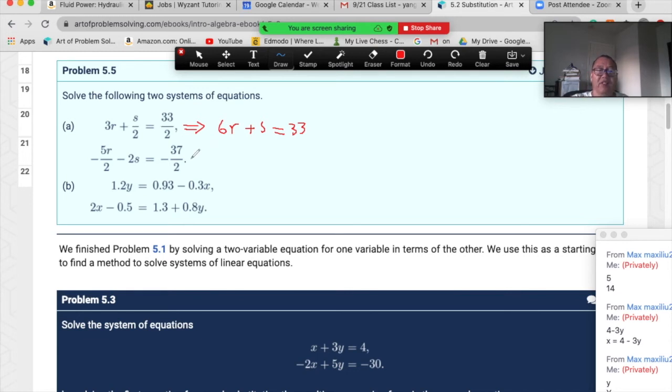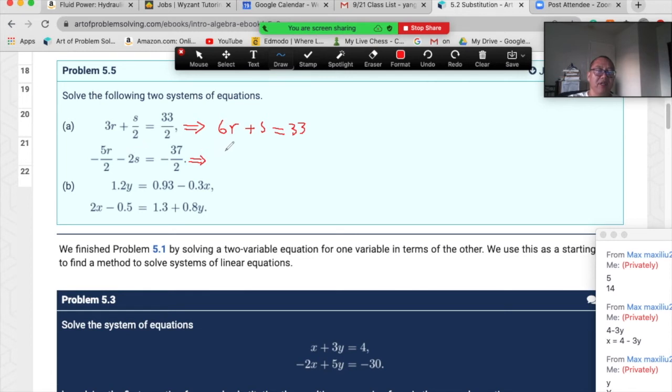Okay, now let's see the second one. We also do both sides times negative 2. If we times 2, you cancel out the fraction, but then you still keep each term as negative. That looks ugly. So that's the reason we need to times negative 2 to each term. Let's see what we get.